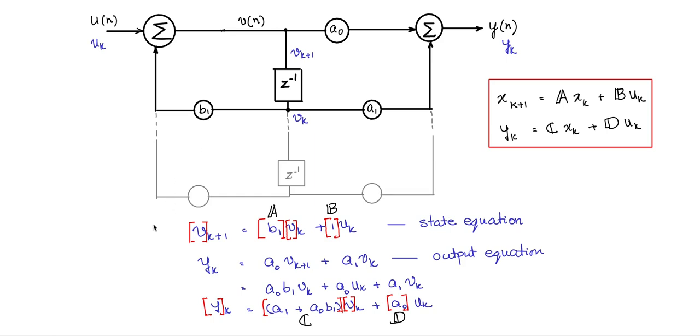You can either use the transfer function or the state equation model. The state equation model is a much better model to use, because the transfer function makes the assumption of linear time invariance and also that the initial conditions are 0, whereas the state equations don't make that assumption.